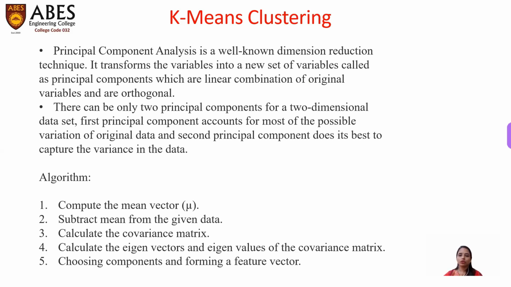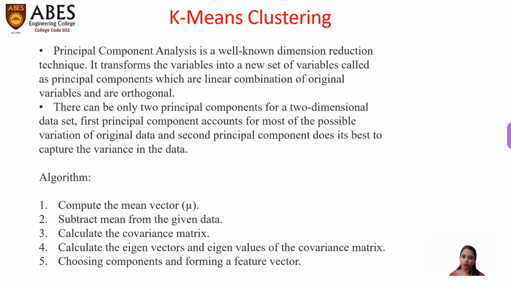So PCA is basically a dimensionality reduction algorithm, which is used to calculate some principal components along the given data points. There can be 2 principal components, or we can say we can map the calculated principal components in 2 directions only, x and y, the x-axis and y-axis, which we call 2-dimensional data.